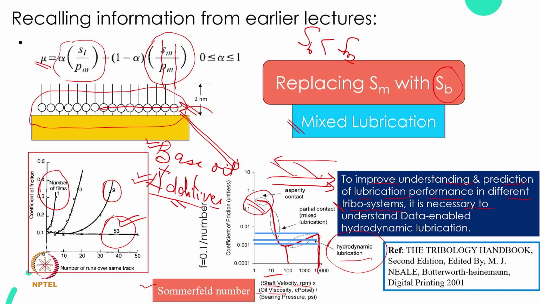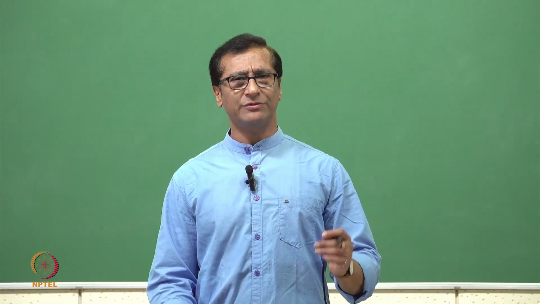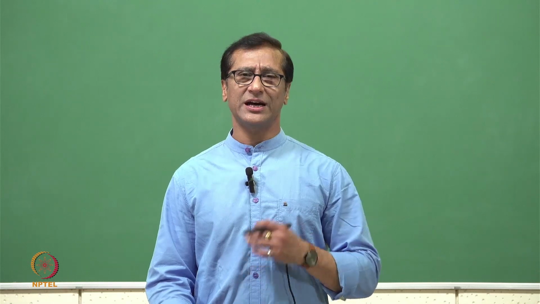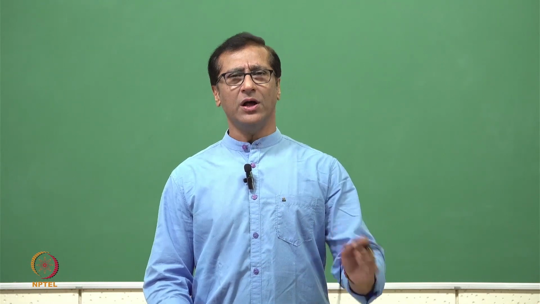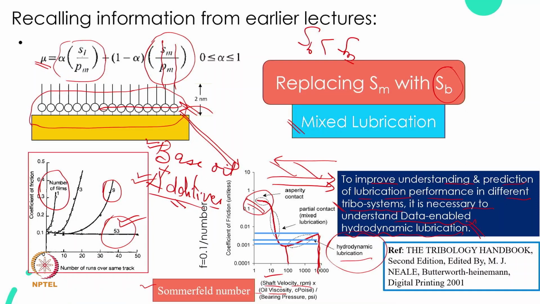It is necessary to understand data enabled hydrodynamic lubrication. Now this is a new term we are bringing here, data enabled hydrodynamic lubrication. Reason being, there is a lot of data available in literature. People have researched and experimented extensively on hydrodynamic lubrication. So we have an enormous amount of data available.